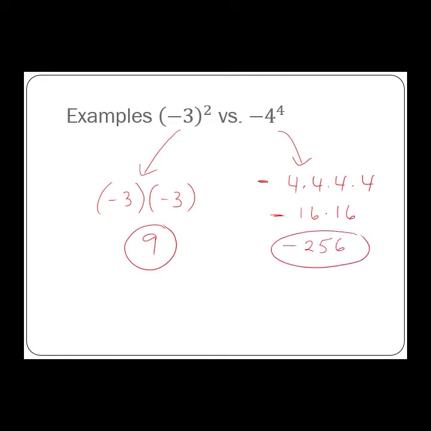If you're wondering what's another way to see that, remember we can do 16 times 16: 10 times 10 is 100, 10 times 6 is 60, 6 times 10, and 6 times 6 is 36. And we add all those up to get 256. So that's another way to do really big multiplication.